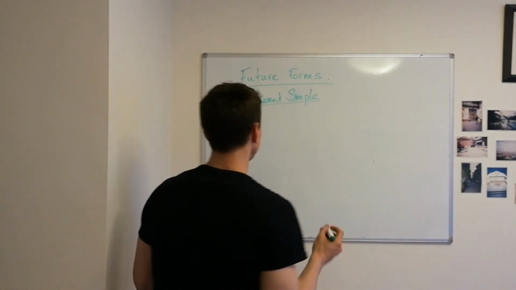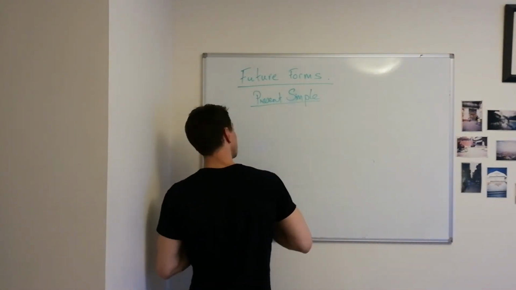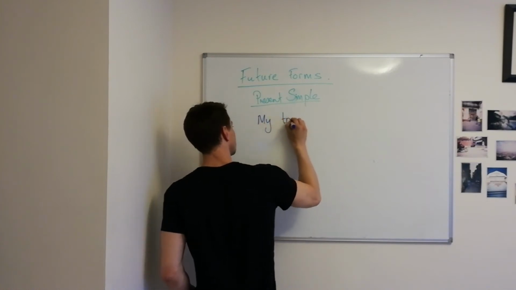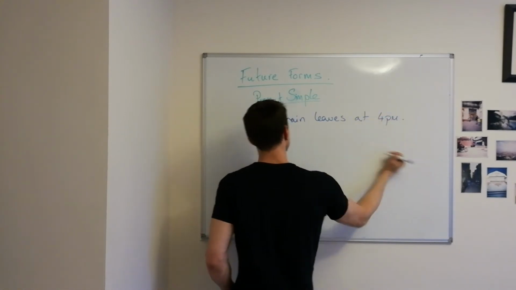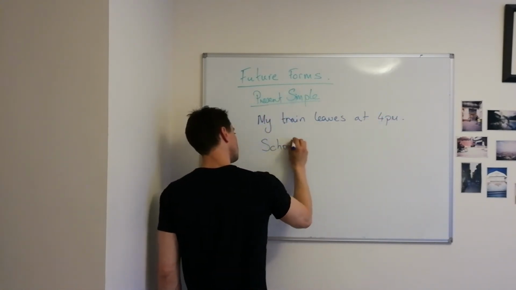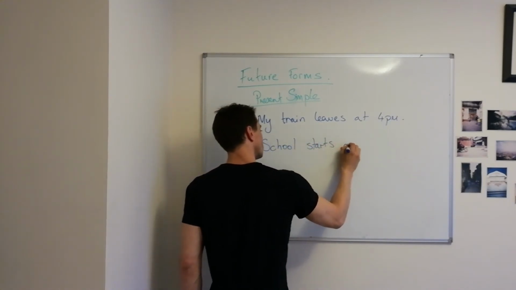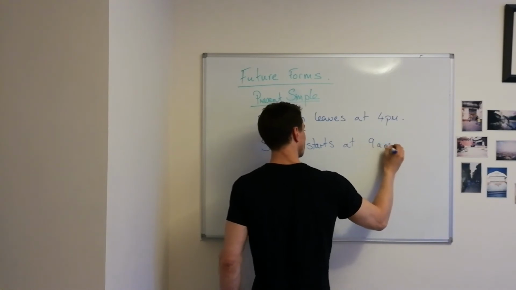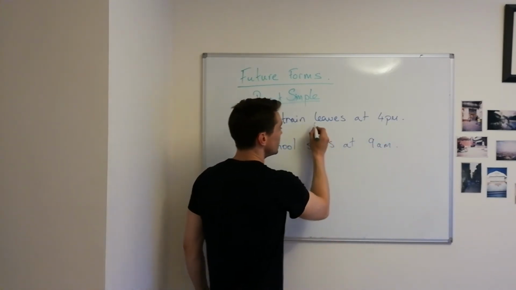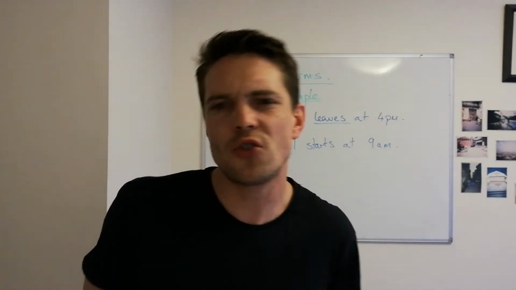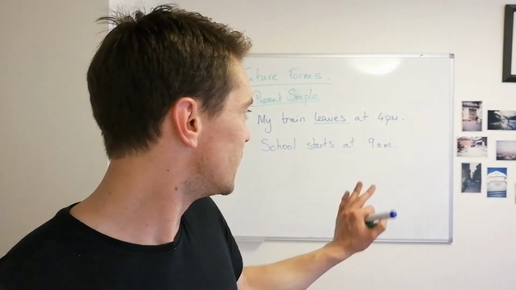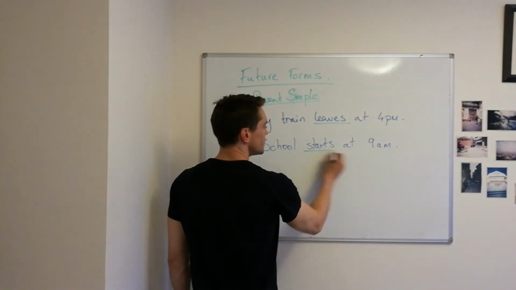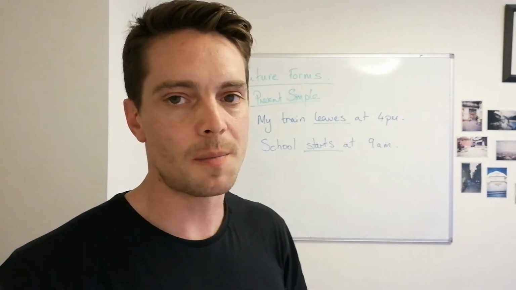For example, my train leaves at 4 p.m. We don't say my train will leave at 4 p.m. or my train is going to leave at 4 p.m. but we usually say my train leaves at 4 p.m. School starts at 9 p.m. This is not a decision that I made, it's an official time made by somebody else.